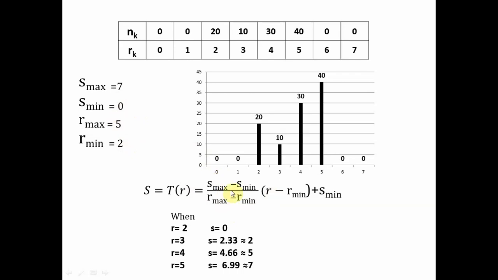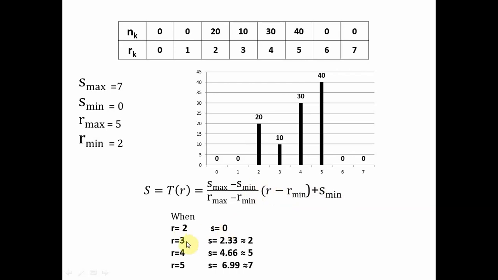So 7 minus 0 and 5 minus 2, that is 7 by 3, that is 2.33, multiplied by R equal to 2 minus R minimum 2. 2 minus 2 is 0, 0 multiplied by 2.33 is 0, plus S minimum 0, is 0. So when R is equal to 2, S is equal to 0.